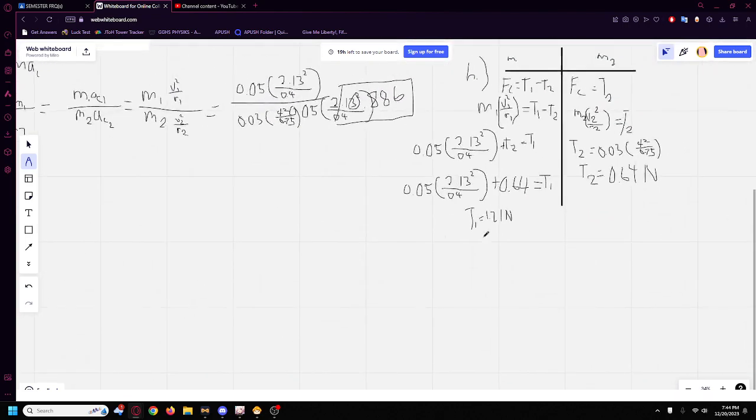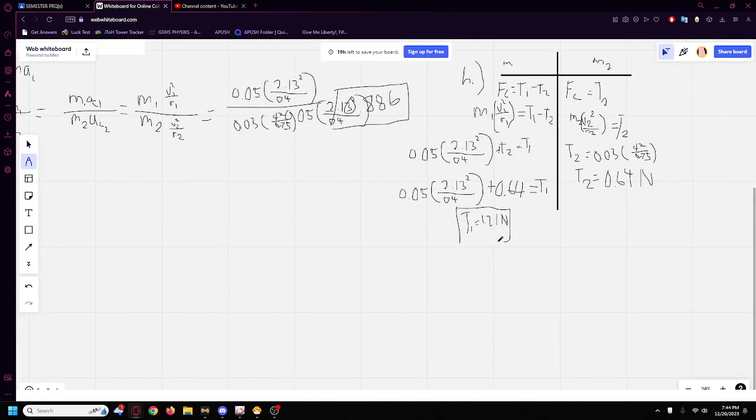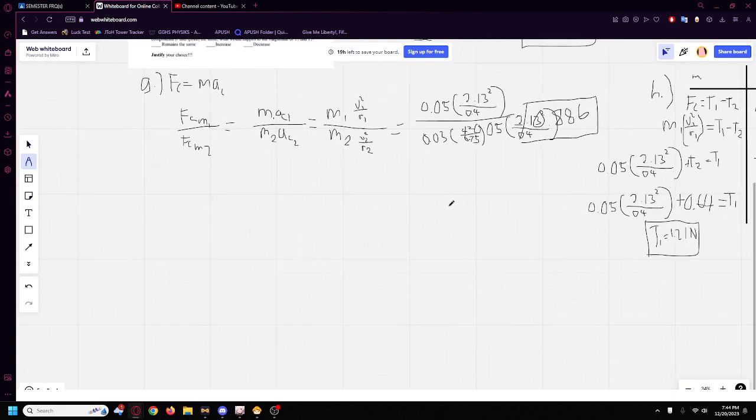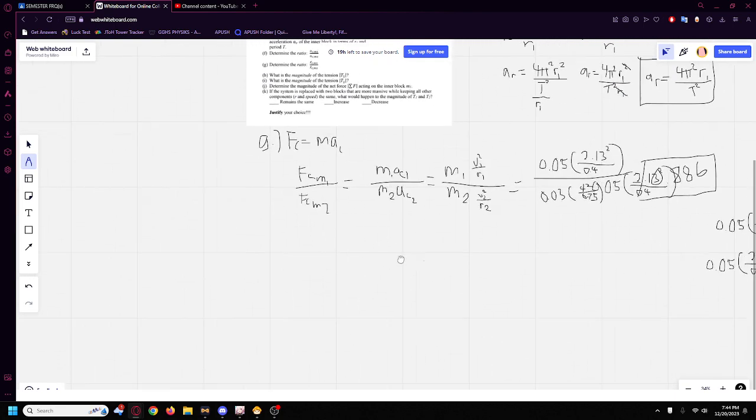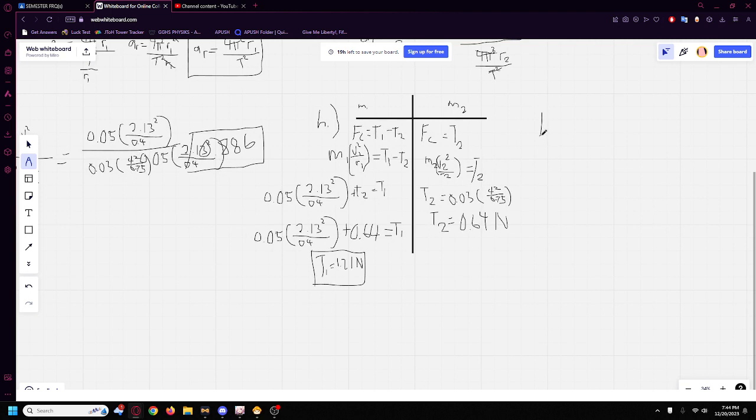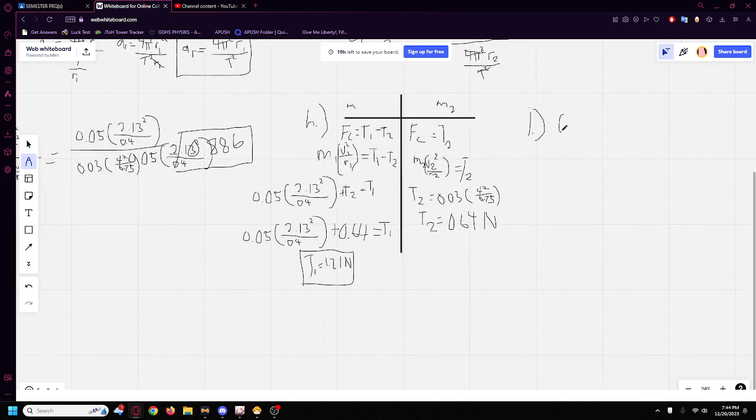So H is here, and I is asking for the magnitude of tension 2, so I is T2 is equal to 0.64 newtons.